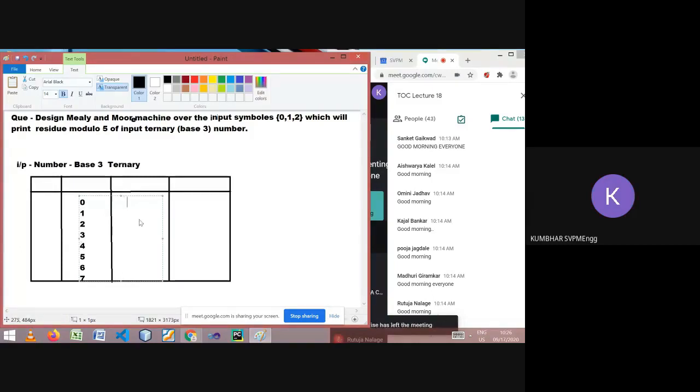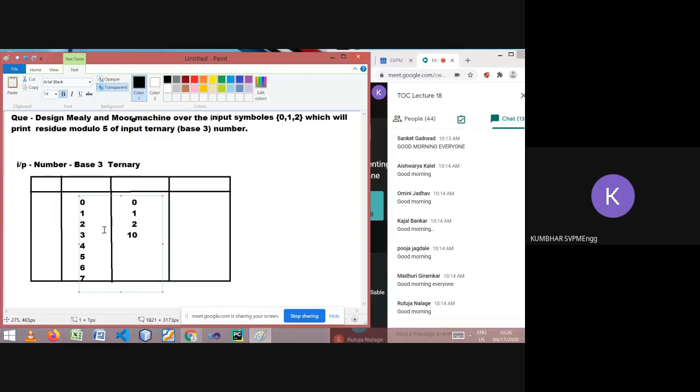Yes, 0 will be 0. Number 1 will be represented by 1. Number 2 will be represented as 2 because we can use this symbol also. But when we come across 3, it will be 1 and 0.